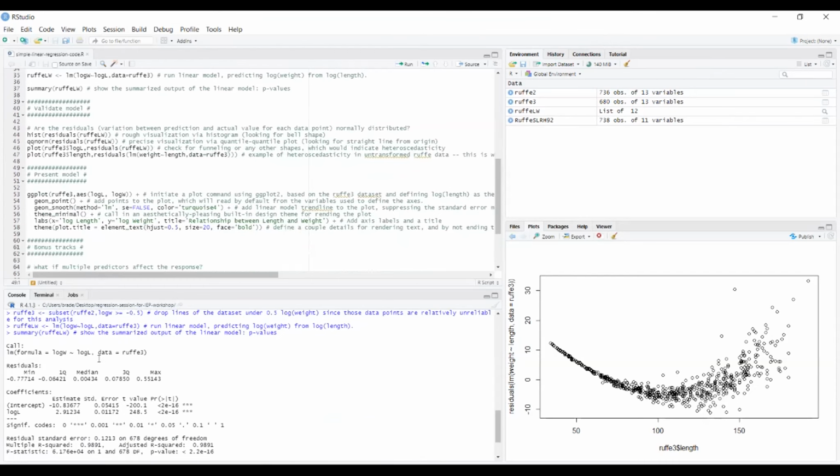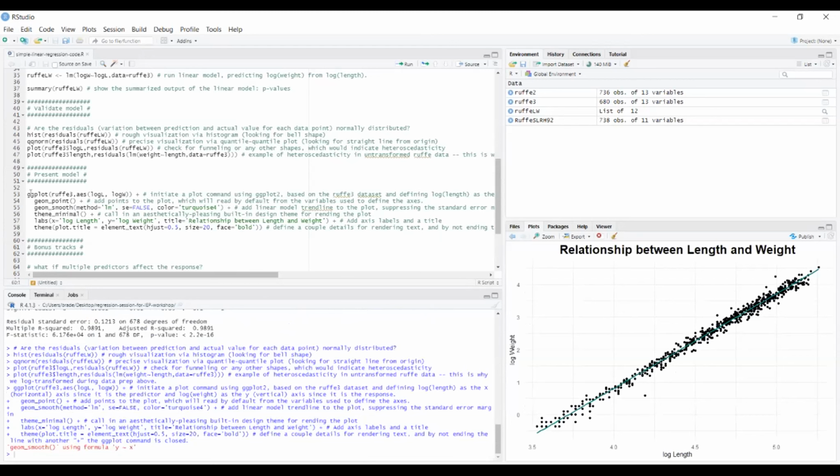Now, to present the model here to an audience, we can use numbers, and we should, but we can and also should use pictures, because people learn from pictures very well. So I have here a ggplot command to draw a relatively pretty picture in R, illustrating the data and the trend in those data.